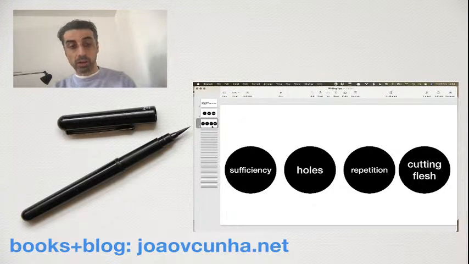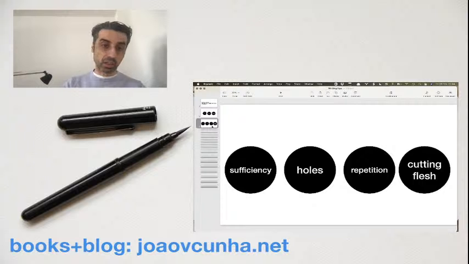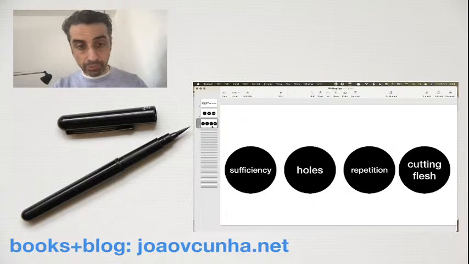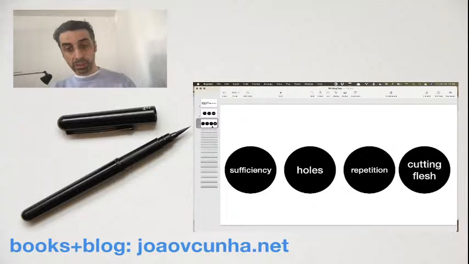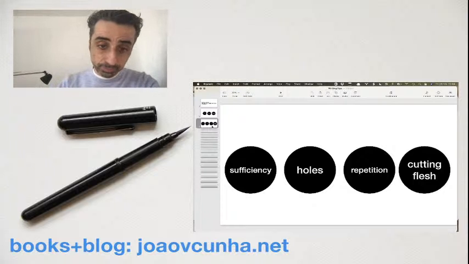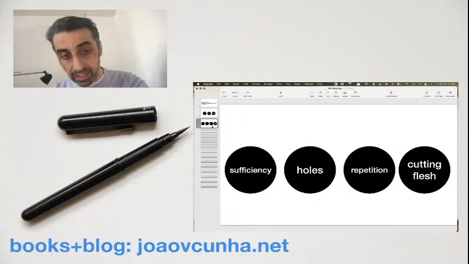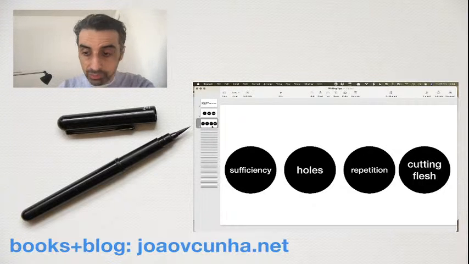For example, I write a lot from practice theory and structuration theory. Have I explained structuration theory enough in the paper? Is it enough there for my reader to understand what I'm saying?